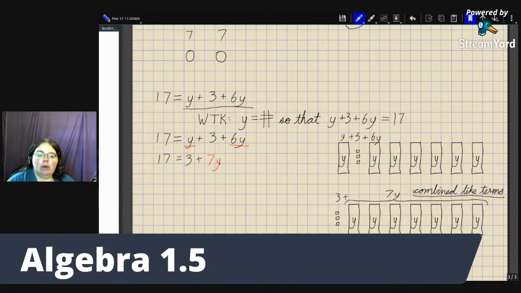Okay, so we're looking for a number that we can multiply by 7 and then have 3 added to it and get 17. Well, that seems tricky again, so let's try some things out. Some y's and some calculated 3 plus 7y's to see what's going on here. So again, we could try 1 because it's easy to work with.